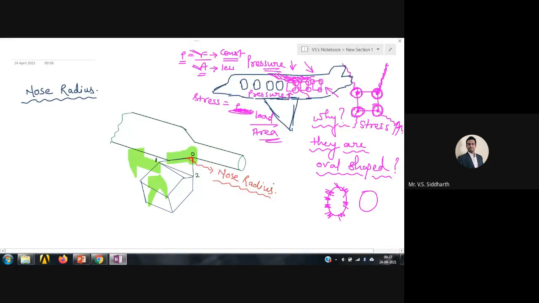So this nose is never made sharp. Why? Because if the nose is made sharp, then due to the forces of cutting, since the area of the nose will be very, very less, a huge amount of forces and stresses will be developed in the nose, and that might give rise to the premature breakage or premature damage of the cutting tool.